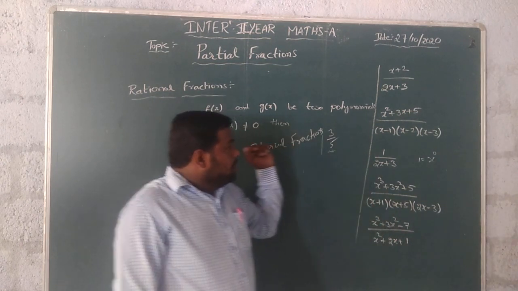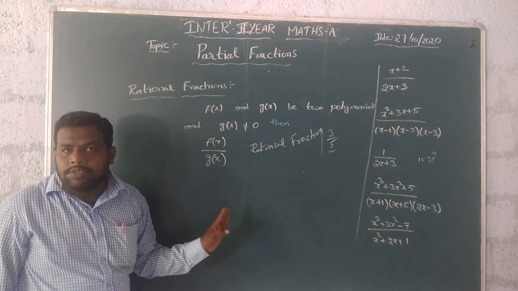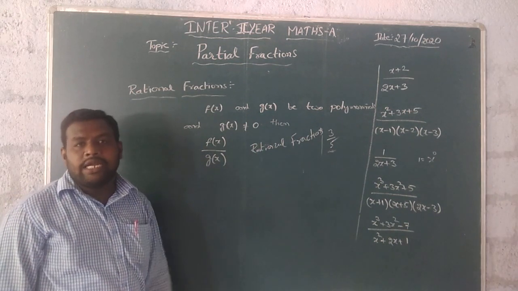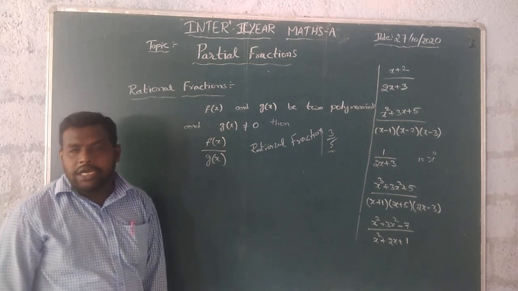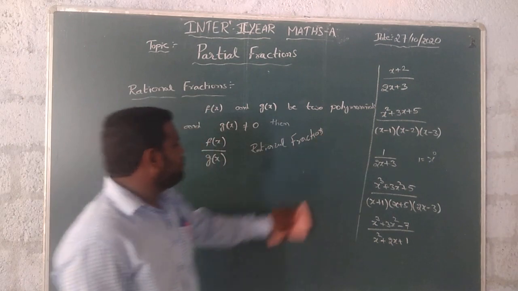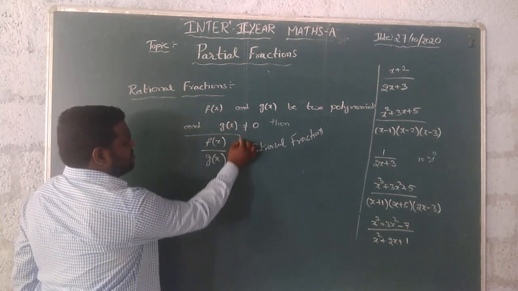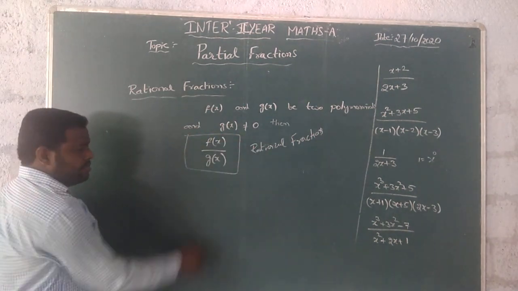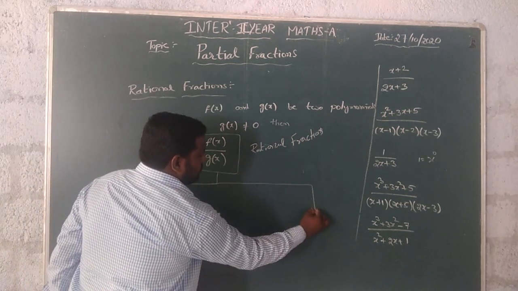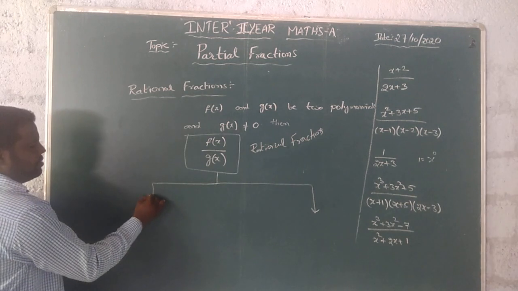Okay, so rational fractions are of two types. The types depend only on the degree of the numerator and the degree of the denominator. So f of x by g of x is a rational fraction. There are two types.